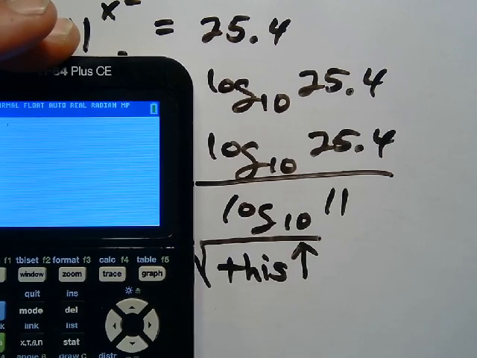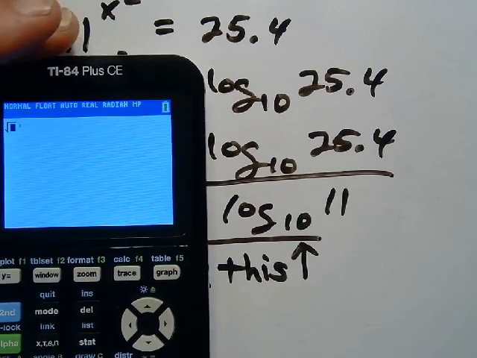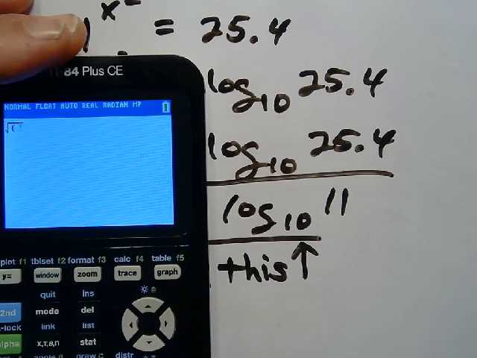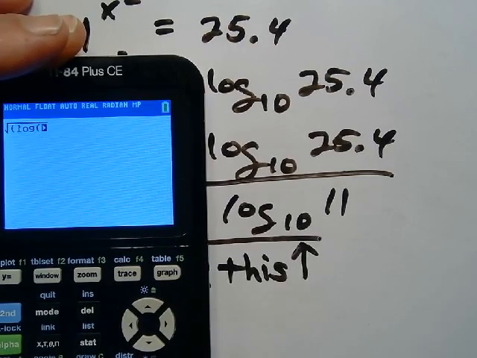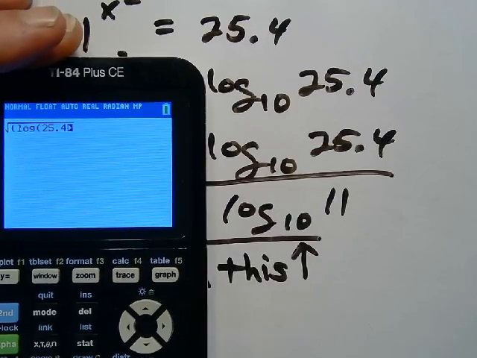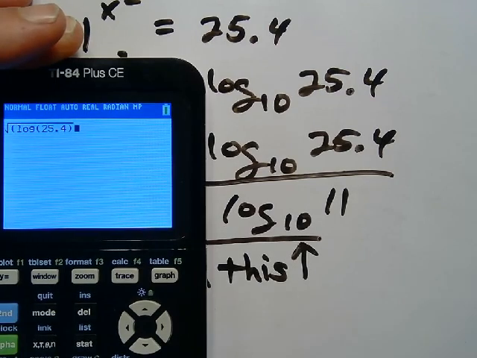I'm going to take the square root of, and I'm going to open parentheses here, log base 10 of 25.4. Close those parentheses, and let's get out from underneath the parentheses here. Since the radical acts like a parentheses, I didn't need that on the top there.